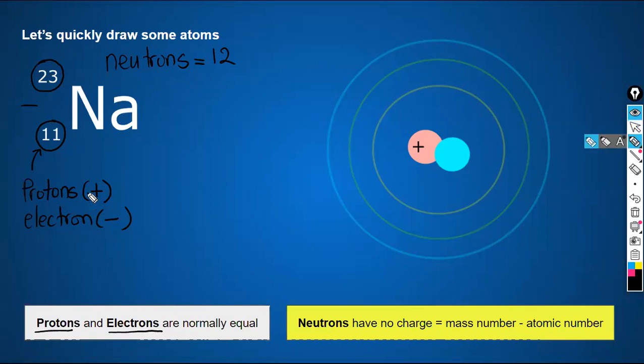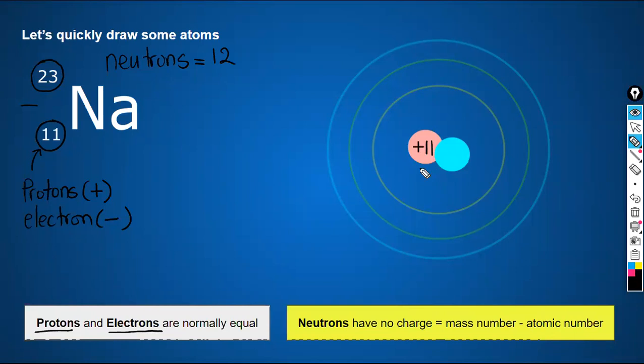So it has 11 protons. I'm not going to draw 11 protons. I'm just going to put positive 11, meaning that it has 11 protons. And you're allowed to do that in the exam. If something has 11 protons, you don't have to draw 11 circles and name each one a proton. You can just put 11 plus. The examiner will know that you mean what?